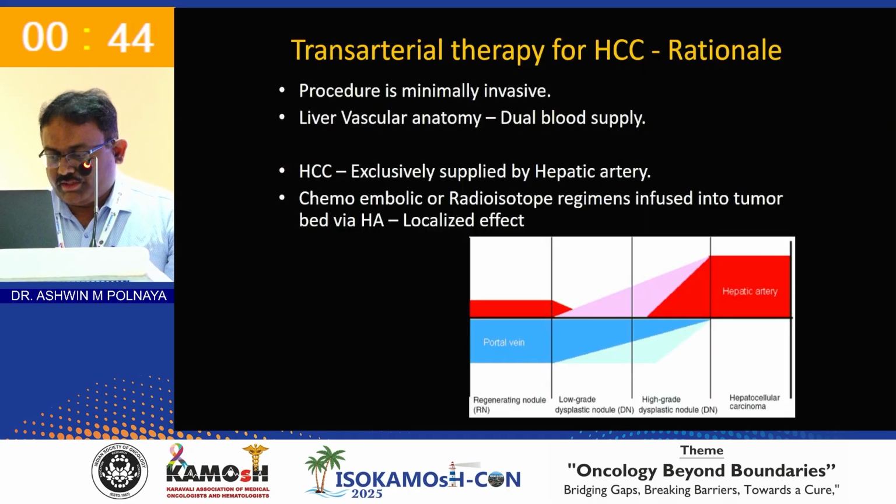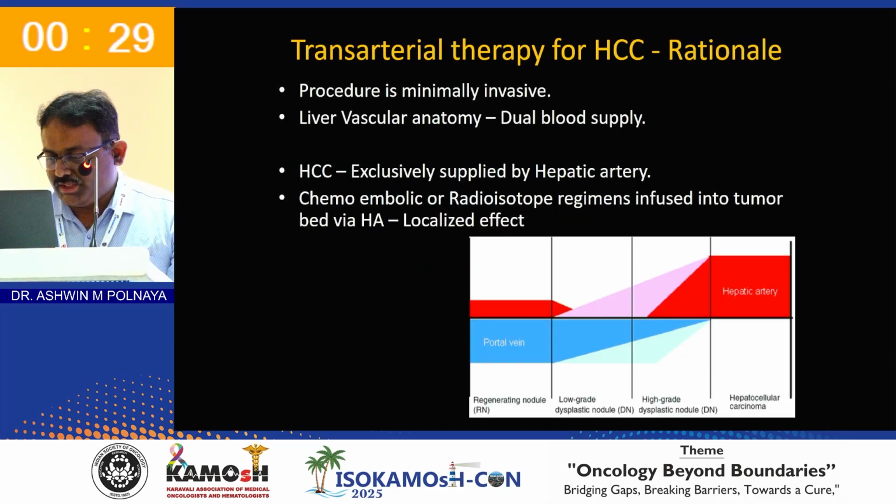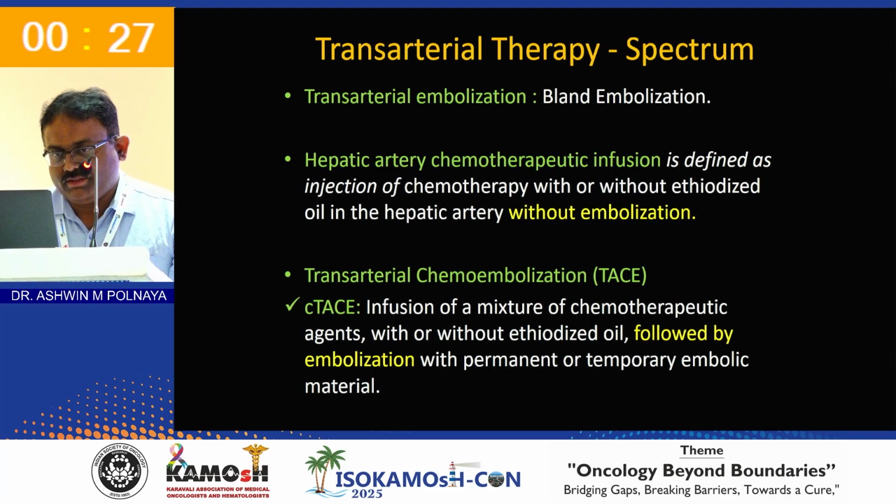With respect to transarterial therapy, the main rationale is that HCC tumors are predominantly supplied by the hepatic arteries, so we can deliver the chemoembolic agent through the hepatic artery, through the tumor feeders into the tumor bed to get a good localized effect. There is a combination of ischemia as well as chemotherapeutic drug effects.